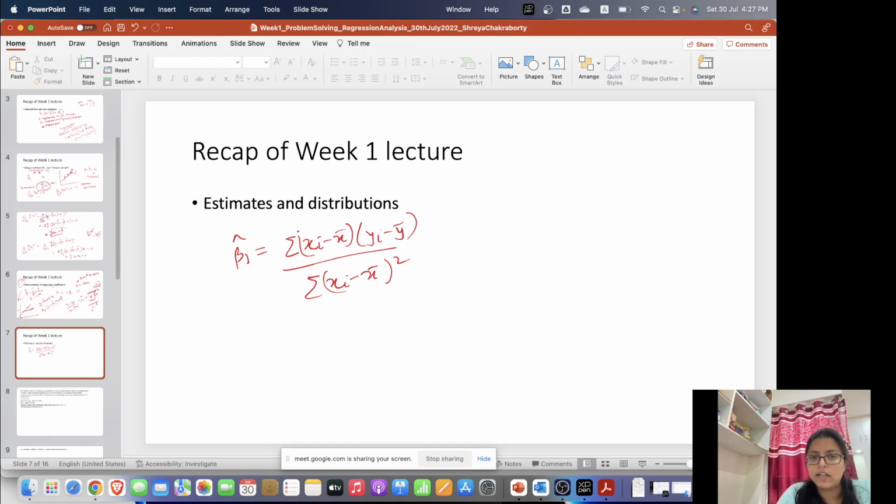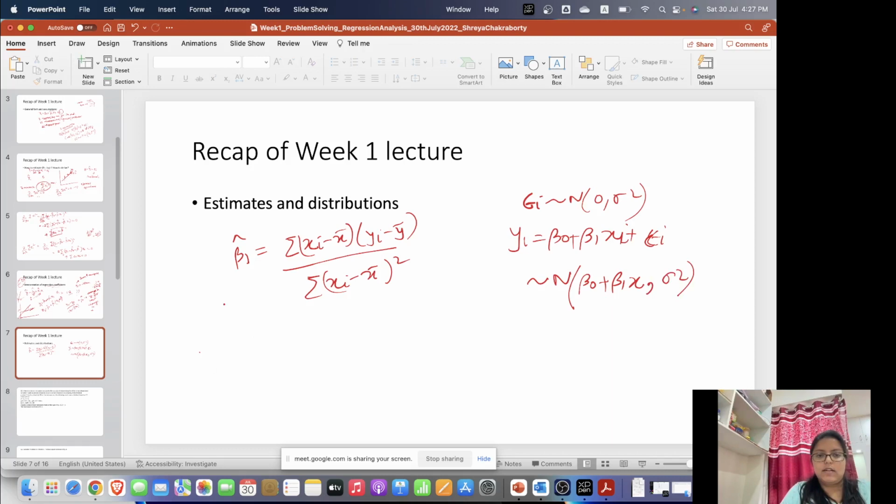This is clear to all? Why is this a linear combination? Since the epsilon i's we have taken follow a normal distribution, yi is this one, so it also follows normal with beta naught plus beta 1 x and variance sigma square.